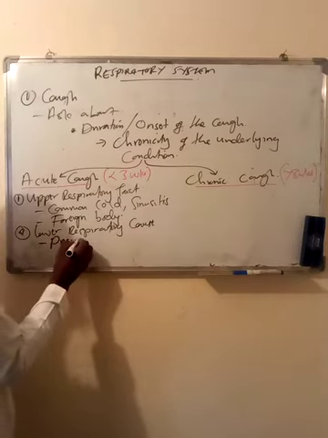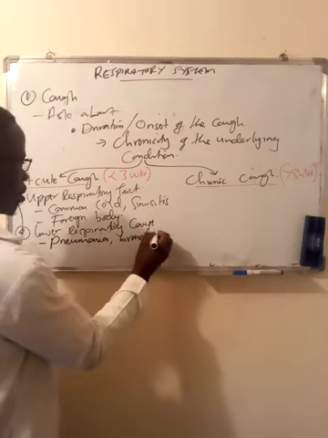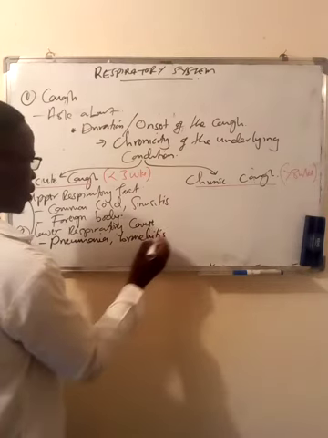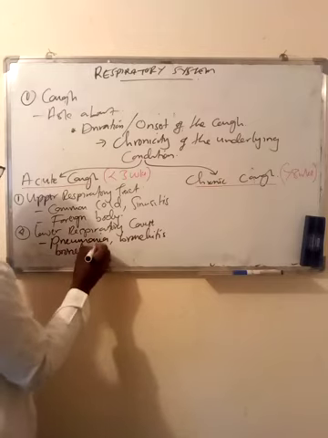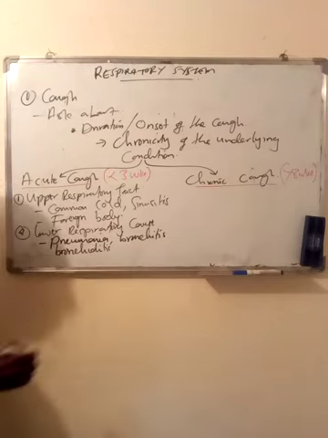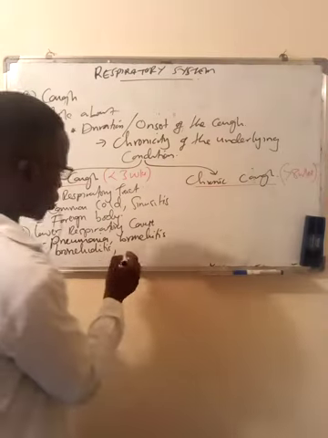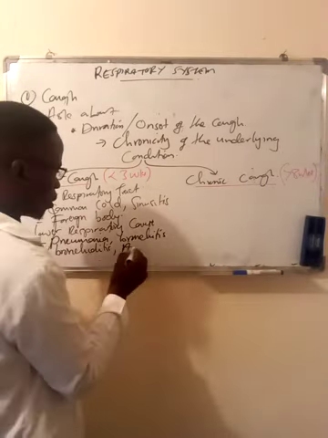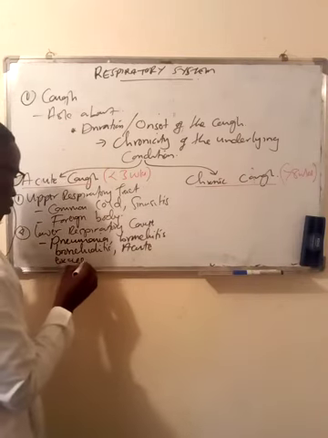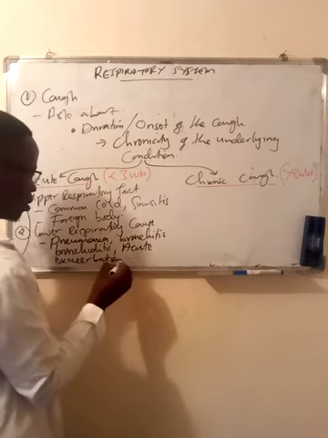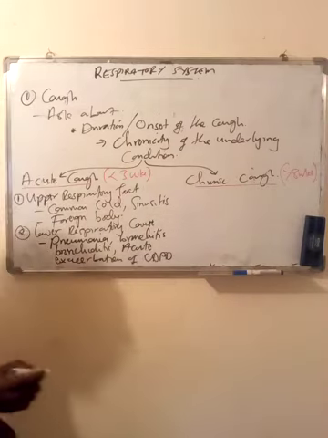Other than that, we can also have irritants, anything that can cause irritation. Let's say, for example, you breathe in some toxic fumes and so on. You may find that you begin coughing, and you don't expect that you're going to be coughing for more than 3 weeks. So that is about acute cough. When you find out the duration of the cough, you classify the cough as either acute or chronic.